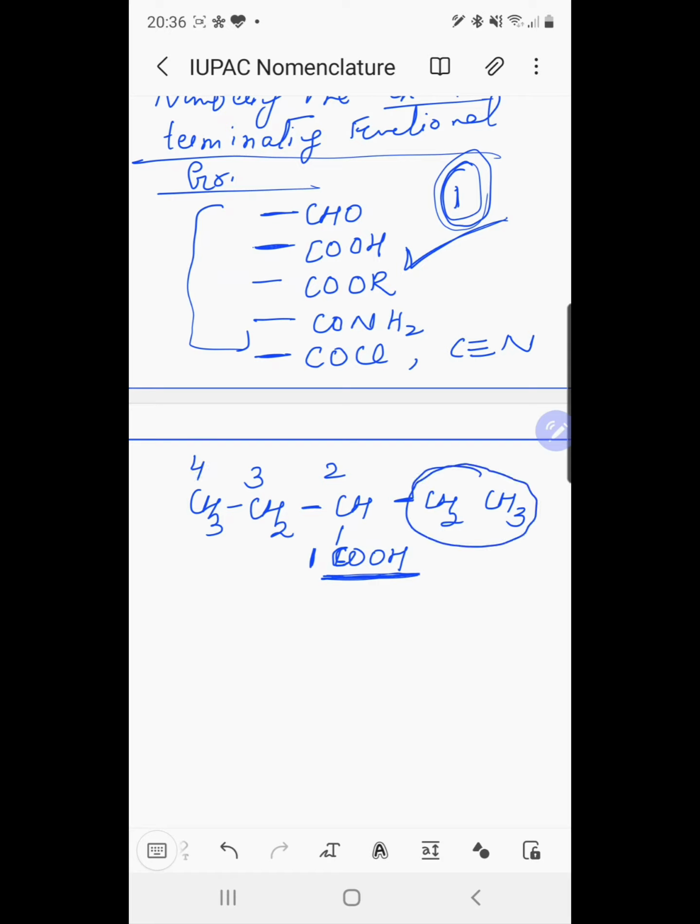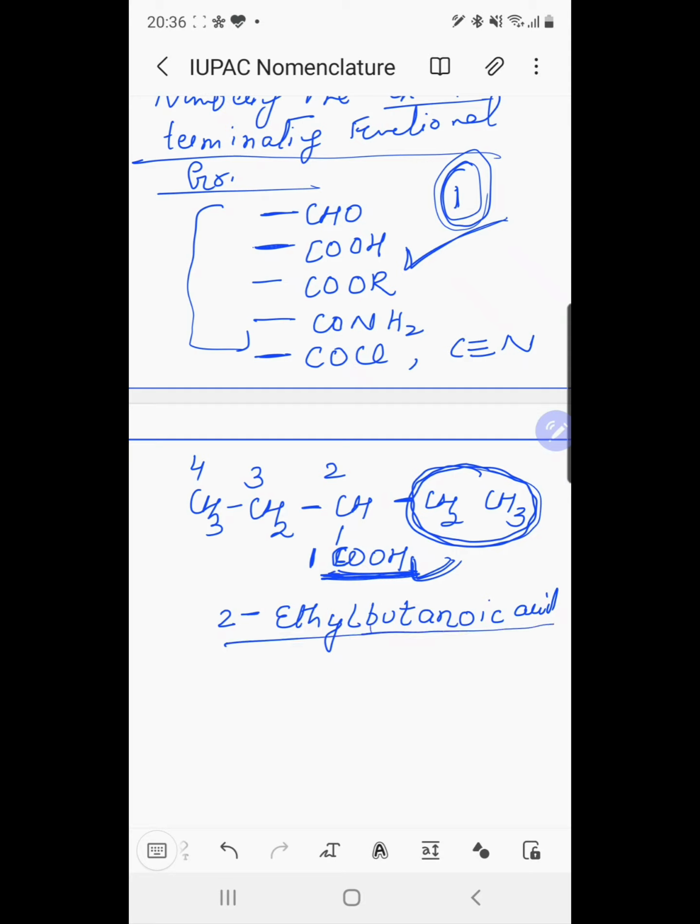This group will be considered as a substituent. So at the 2nd position we have 2-ethyl, butane, and this is oic acid. We will not mention the position for this group, the first position. We simply write 2-ethylbutanoic acid.